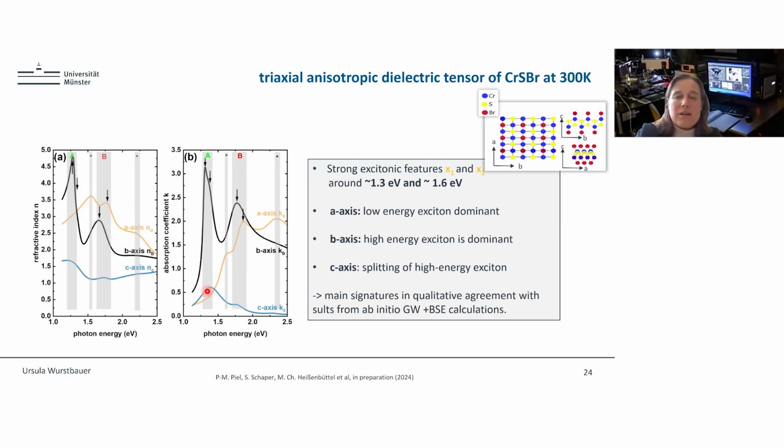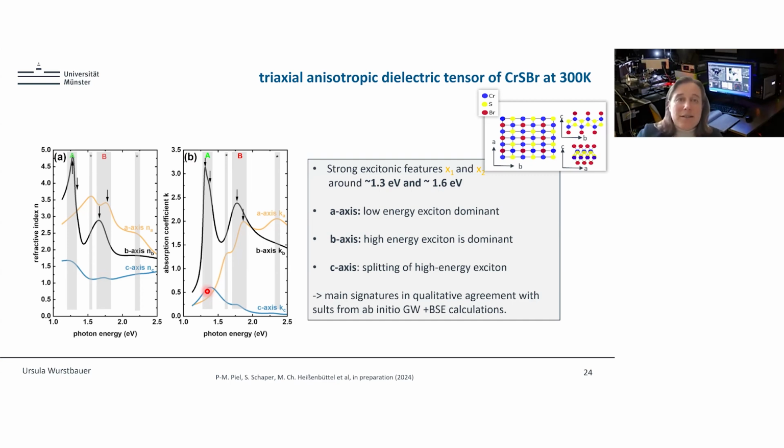Just to give you the summary, for this part, we have strong excitonic features along these two directions, and the energetic transitions are in very good agreement with calculations of those transitions.